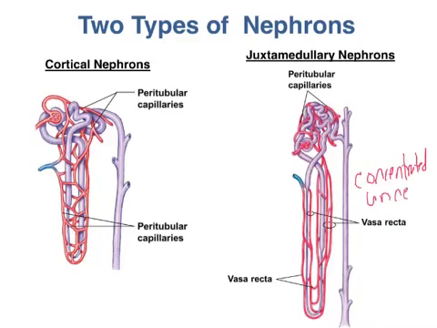Having this very deep loop of Henle allows the juxtamedullary nephrons to set up a steep concentration gradient, so that there's a very high solute concentration in the interstitial fluid down here in the medulla around the juxtamedullary loops of Henle. The arrangement of the vasa recta allows for return of electrolytes and water to the blood without disrupting that steep concentration gradient.